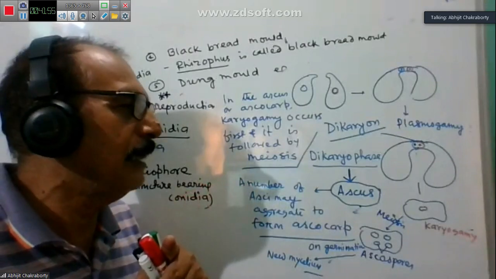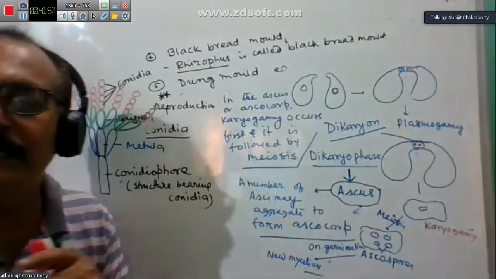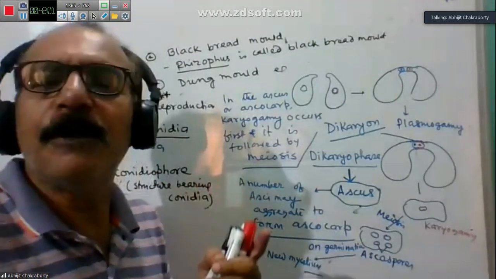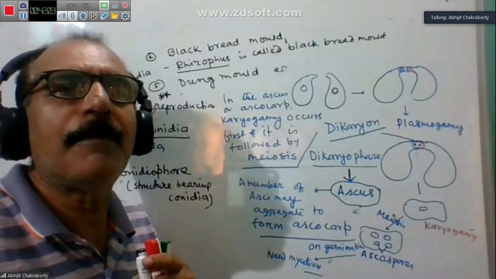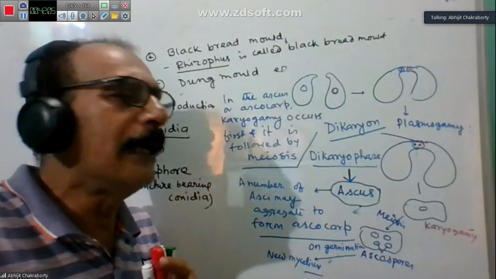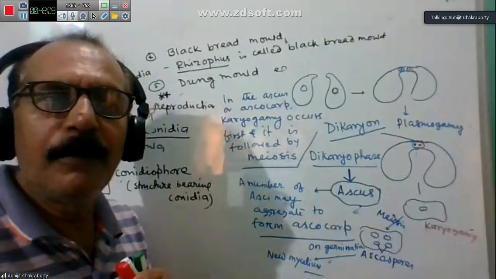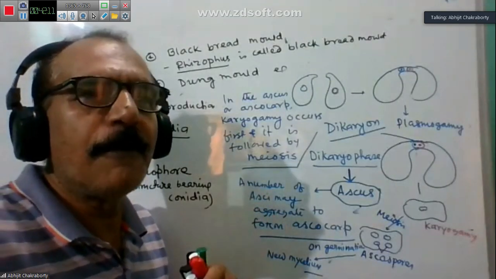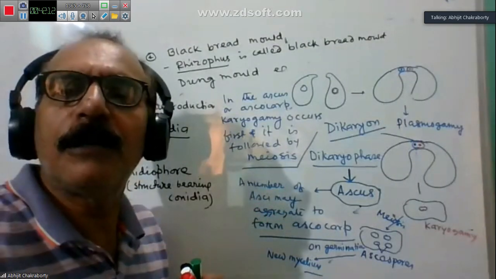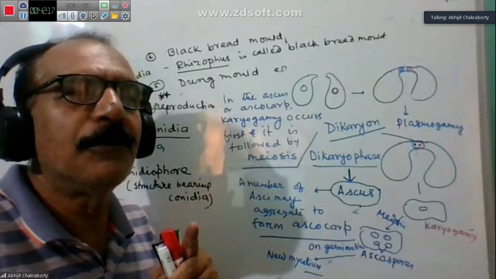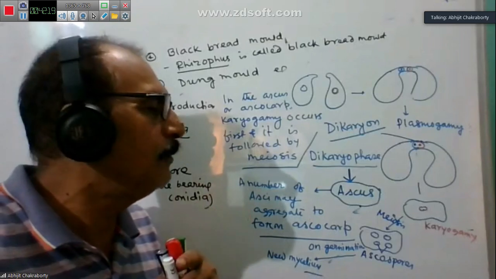The dikaryophase stage then gives rise to ascus. Ascus may occur singly or sometimes a number of asci may aggregate to form a complex structure called ascocarp. Either in ascus or ascocarp, first karyogamy occurs, and after karyogamy, a zygote is formed.